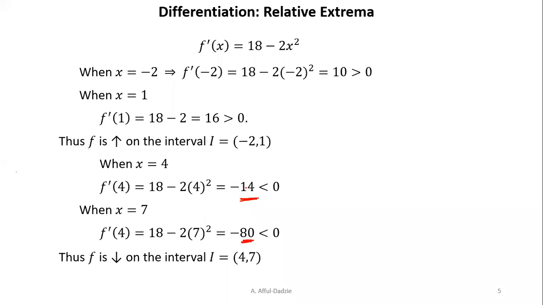Now, minus 14 and minus 80 are both less than 0. So on the interval 4 and 7, we can say that our function is falling, our function is reducing.